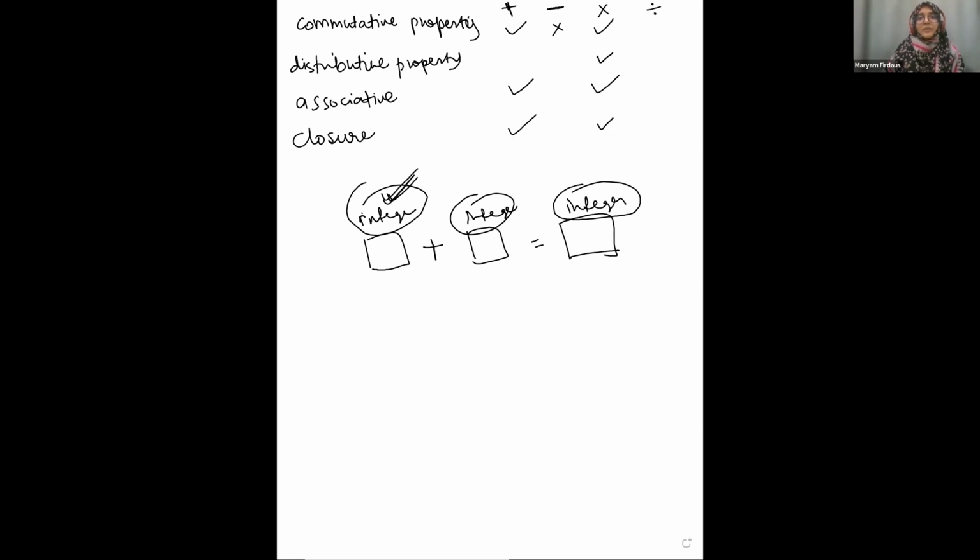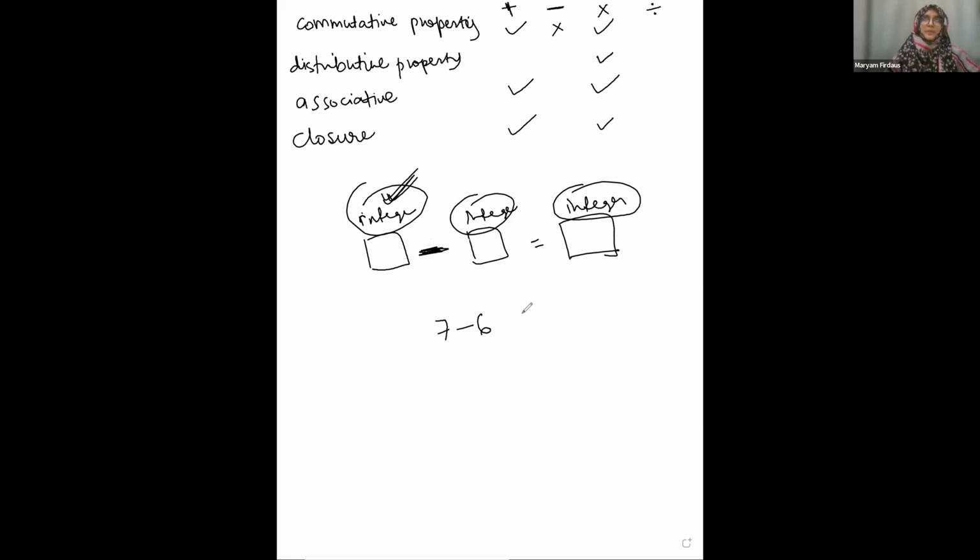What about subtraction? Is it true for subtraction? Can you give me an example? 7 minus 6 is again an integer.